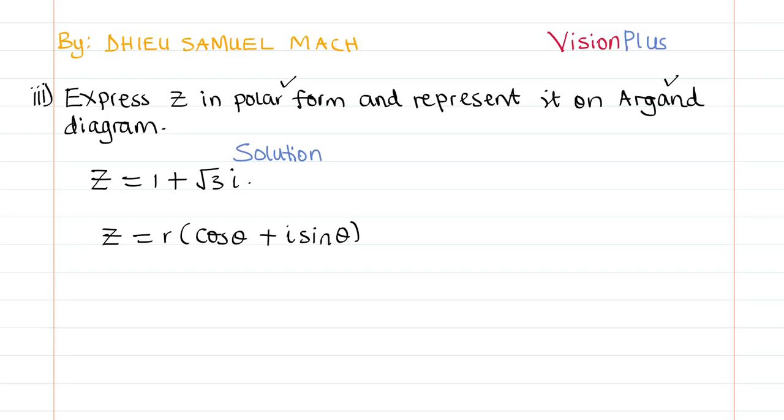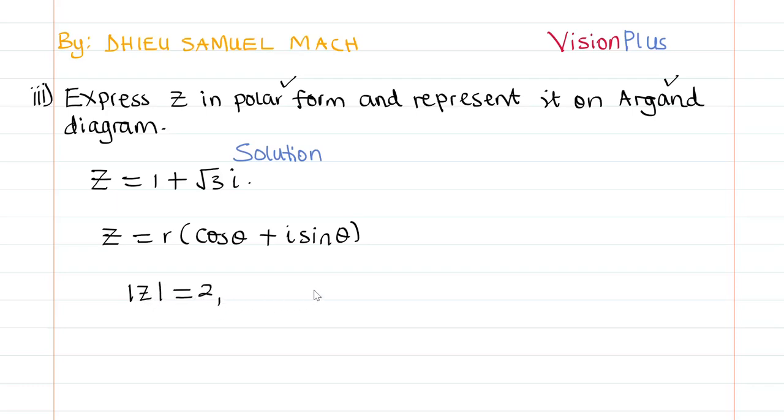Now, what is theta? We have already got theta in the previous numbers, and since it is the same question, we can use values from other sections to answer questions of other sections. So in Roman 1, we got the magnitude of the complex number as 2.